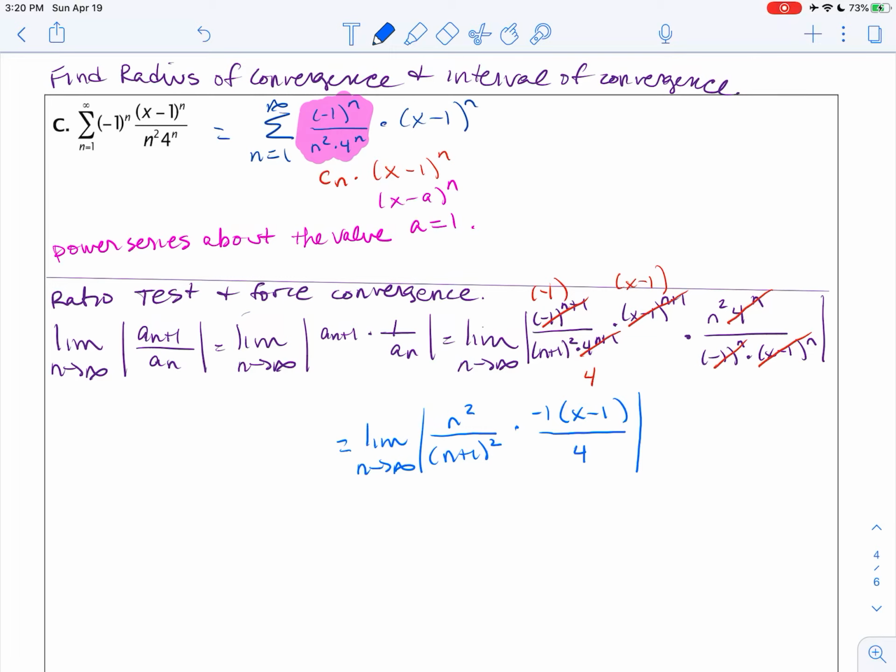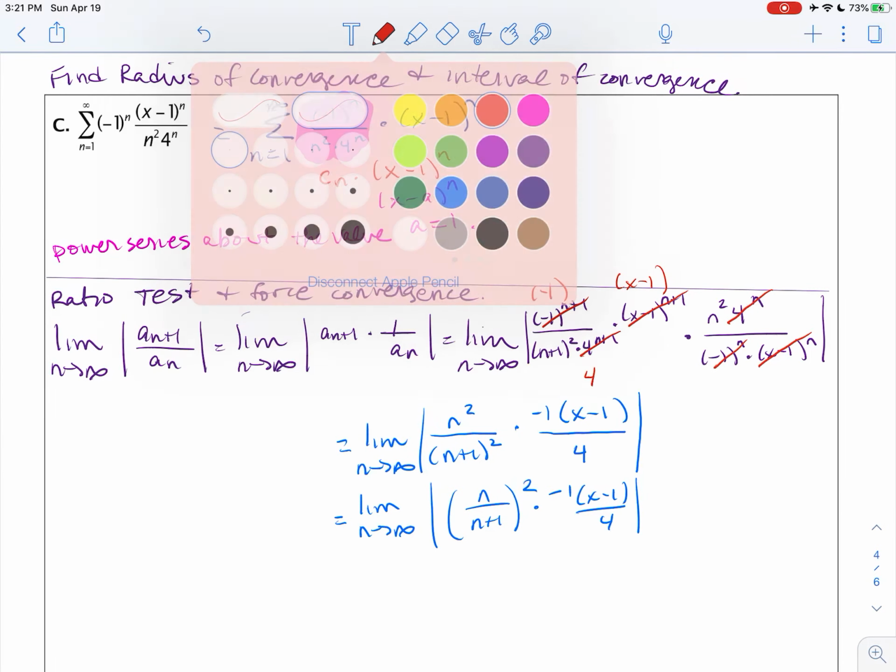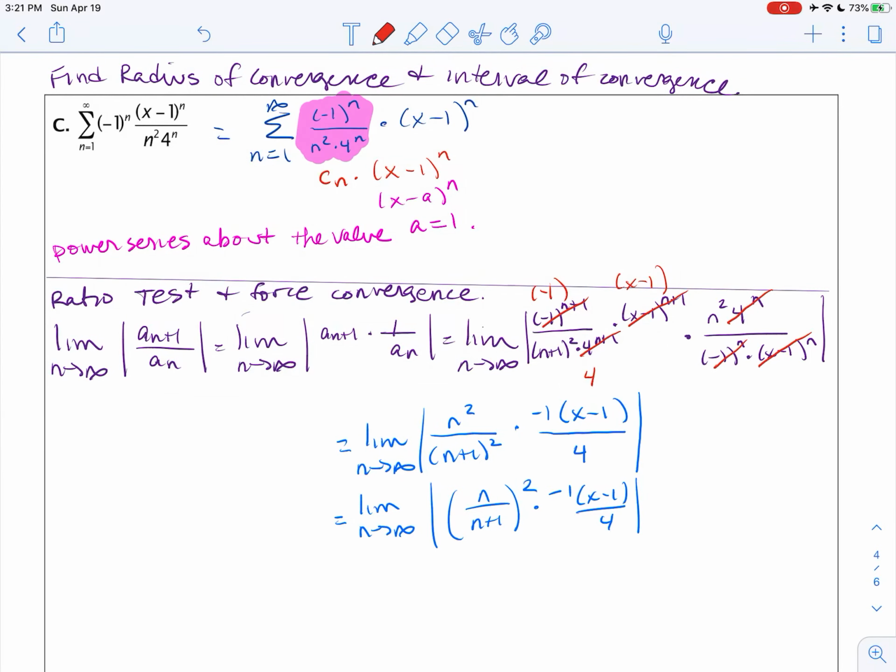Now, I'm taking n as n goes to infinity. I don't really want to use L'Hopital's rule, but I'm going to transform my n squared over n plus 1 squared into a composition by using my exponent rules. And I see that I have n over n plus 1 squared times minus 1 x minus 1 over 4. And I know my limit laws.